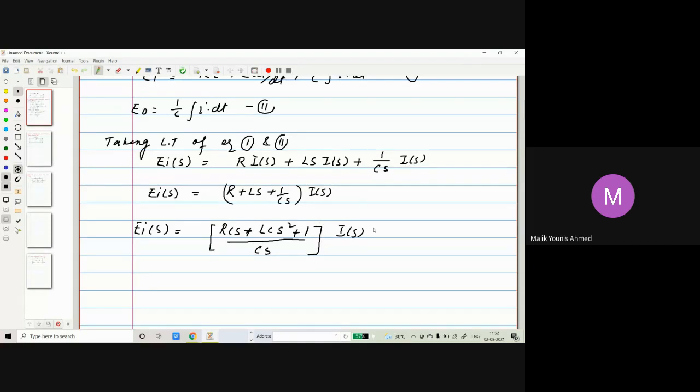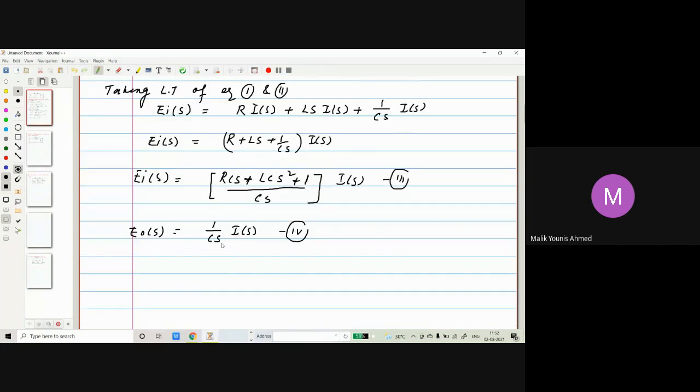Let's call this equation number 3. Now E naught of s, taking the Laplace transform of this second equation, will be the 4th equation.